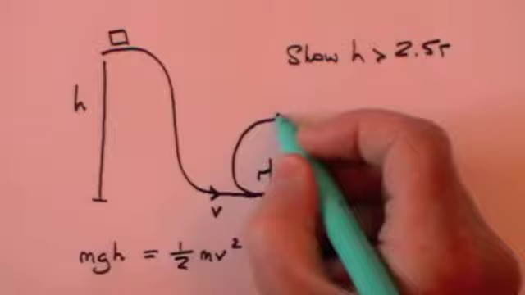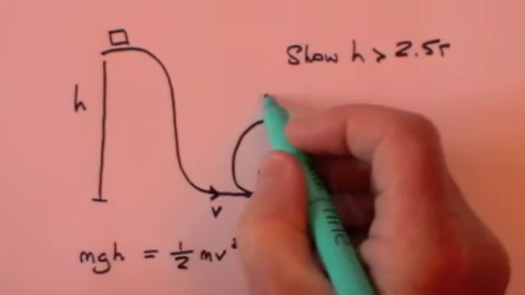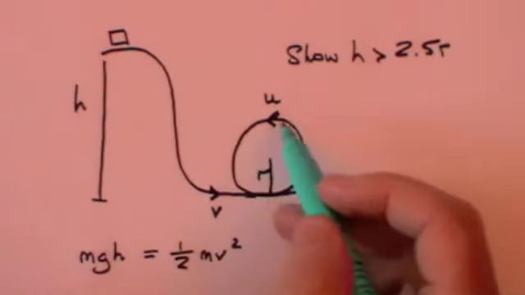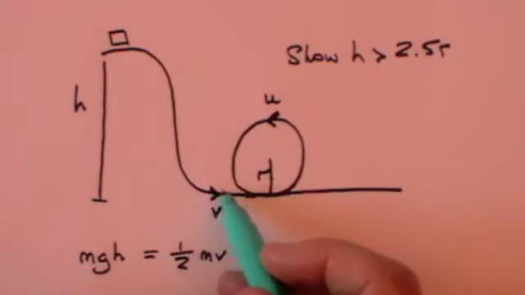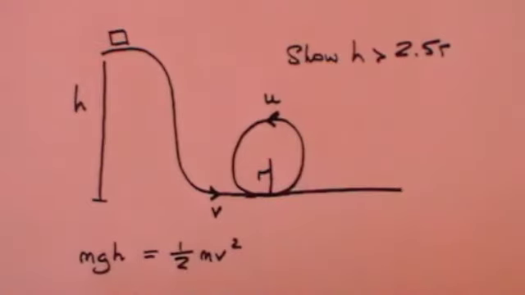Let's suppose that when the car is coming round the loop, it is travelling at a velocity u. Obviously that will be less than v because some of the energy has been converted into potential energy.